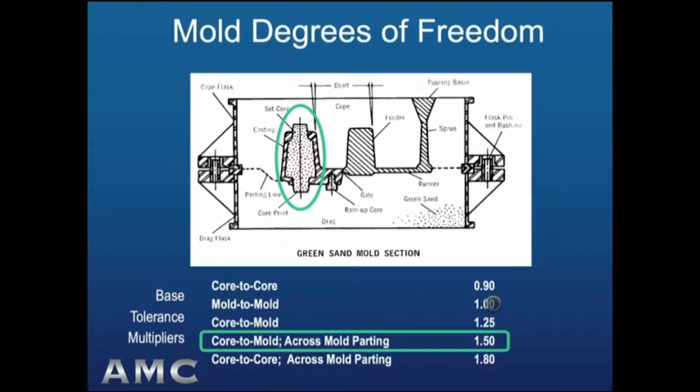And in our table that you see, that would be a mold-to-mold dimension, and our factor for coarsening or improving the mold tolerance capability would be 100%, or 1.00 times the process capability of that dimension given that process.